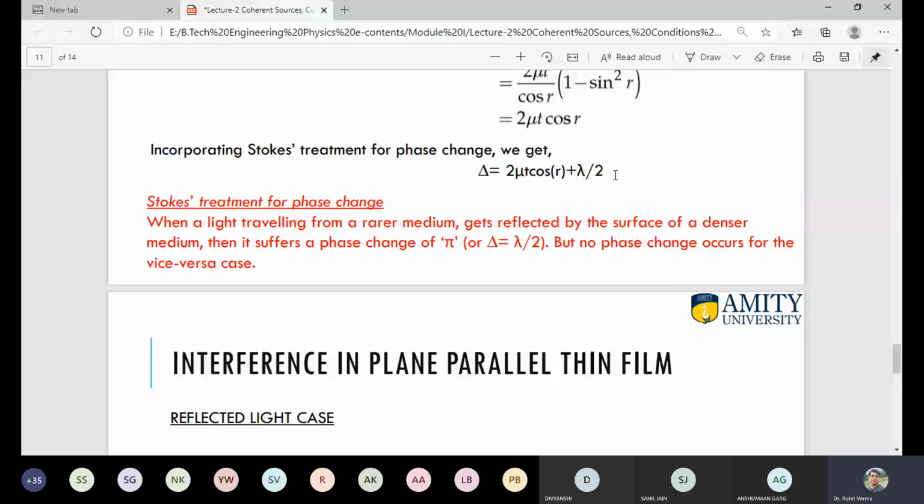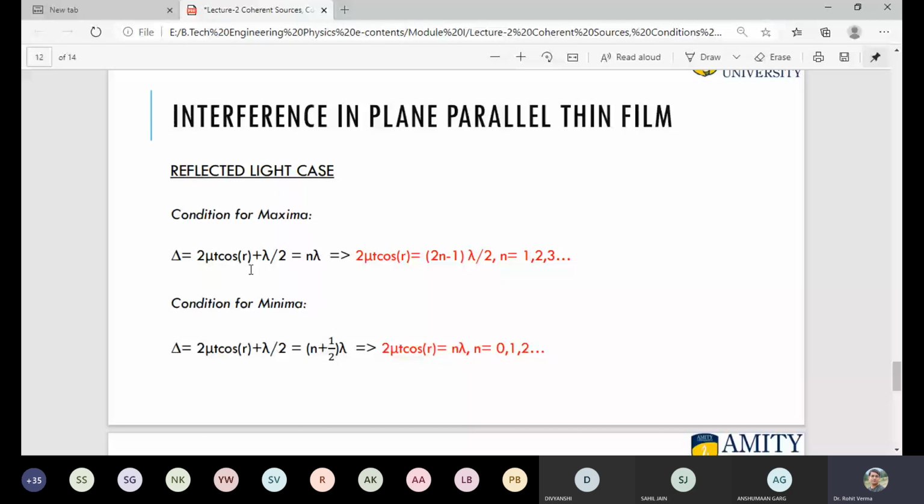For determining the condition for constructive interference, we have to equate it to an even multiple of half wavelength. That means we have to equate it to 2n times lambda by 2. So 2n times lambda by 2, here 2 and 2 are cancelled out.